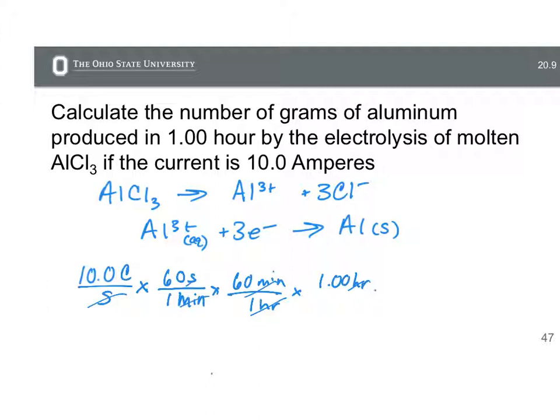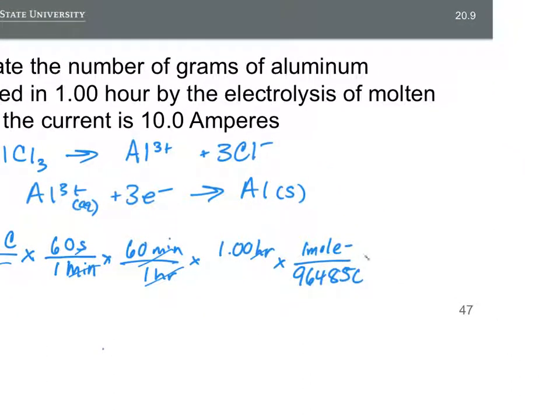Again, we'll use our Faraday constant, 96,485 coulombs per mole of electrons. Three moles of electrons for 1 mole of aluminum. And that's what we just figured out based on the formula.